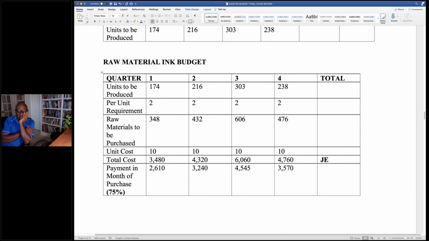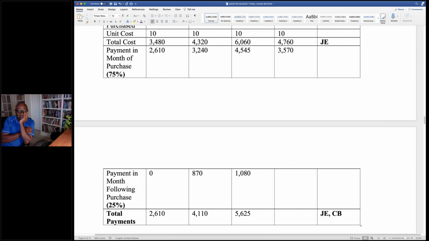Then we take 55%. No, I'm sorry. We take 25% of 6,060 from the third quarter, and we get 1,515. Then when we add those payments up, our total payments would be 5,085. Shakana, did you get that?